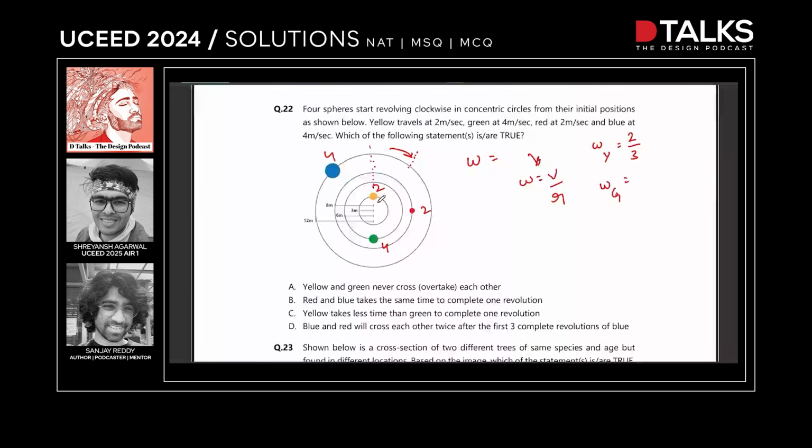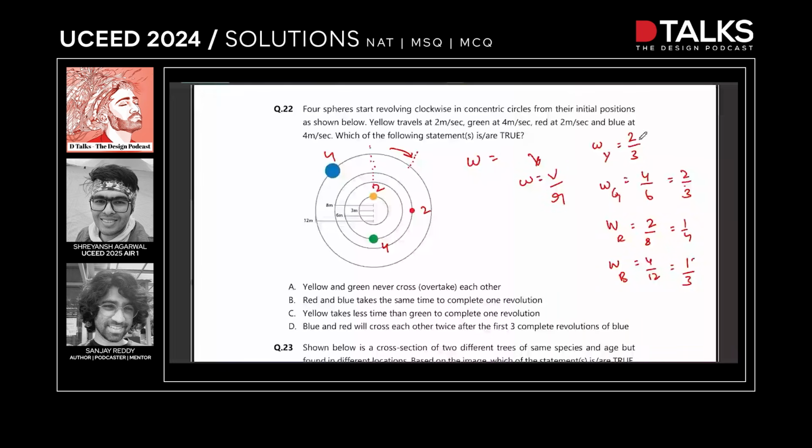Omega of green is 4 divided by 6, which is also 2 by 3. Omega of red is 2 by 8, which is 1 by 4. And omega of blue is 4 by 12, which is 1 by 3.